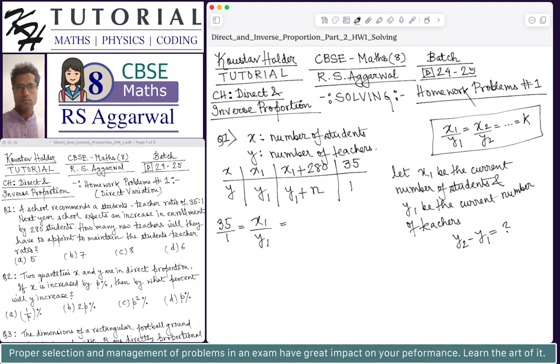Now this will also be equal to x1 plus 280 divided by y1 plus n. So we have these three equations, and from these three equations we have to find the small n, where small n is the new number of teachers that need to be appointed.